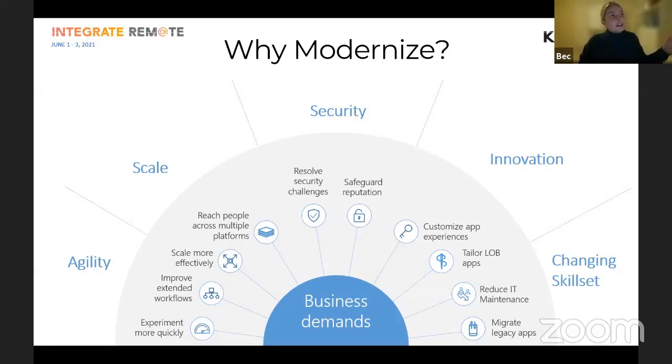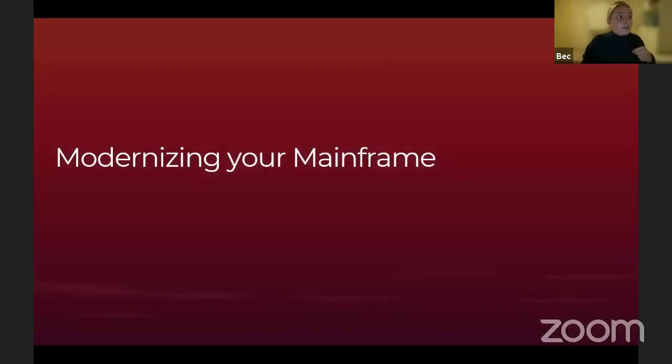So that is a very quick overview of why modernize. It's definitely an exciting time to be moving to these cloud native solutions, particularly the fact that they don't have to be cloud. So I'm going to pass over to Chris, who's going to be talking about how we can use Logic Apps and modern protocols to extend our IBM mainframes.